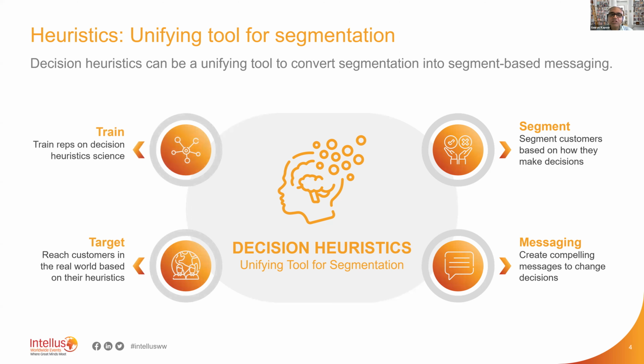And finally, if you want to train your reps on how to sell to customers based on their decision heuristics, helping them understand how customers make decisions and how the science behind it explains the irrational decision making will make them much better prepared and informed on how to sell to each customer depending on their segment.